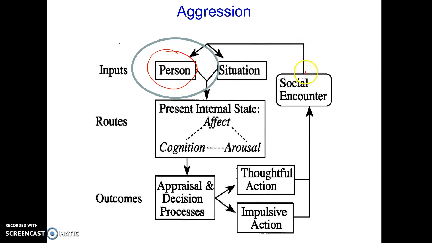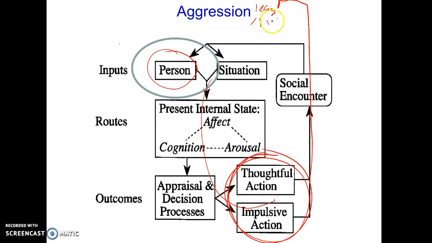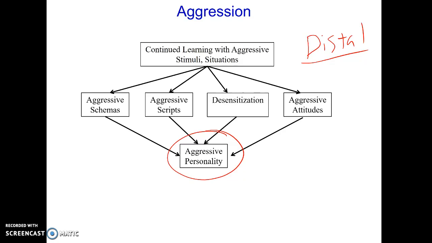Every time you go through one cycle of a social encounter and you behave a certain way, that's a learning trial. And guess where learning fits in? All the way at the top where it says learning. And learning spawns those 4 things, and these 4 things spawn the person. The learning of those 4 things is right here. This is the continued learning with the proximate model.